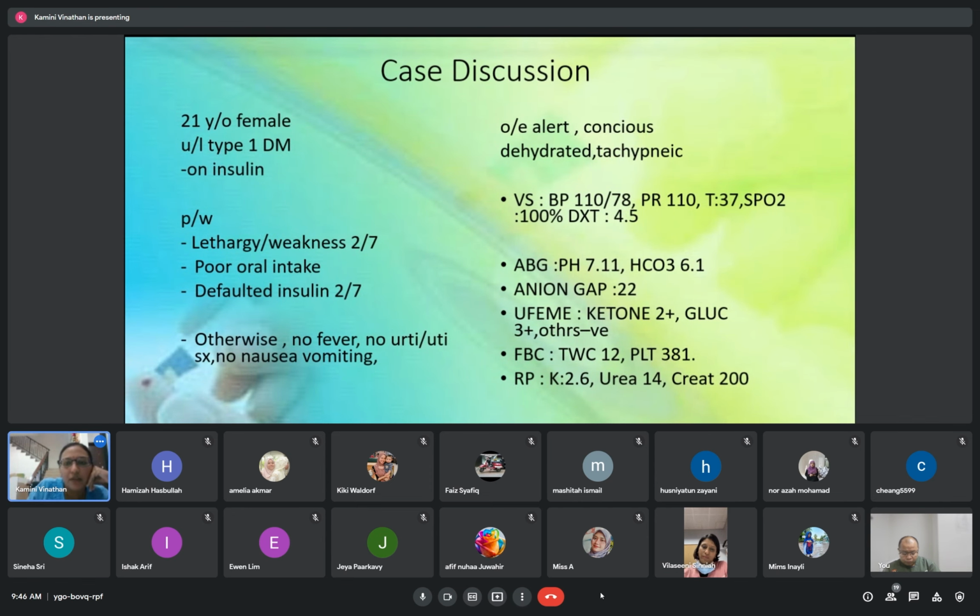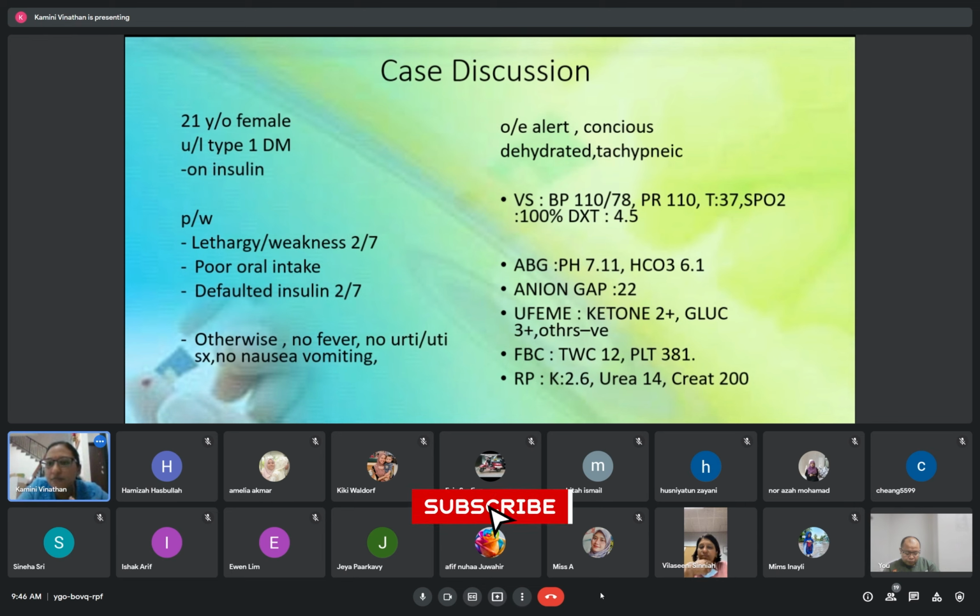Case discussion. A 21-year-old female with underlying type 1 DM on insulin presented with lethargy for 2 days, poor oral intake for 2 days, and defaulted insulin for 2 days. Otherwise, no fever, no URTI symptoms, no UTI symptoms, no nausea or vomiting. On examination, patient alert and conscious, dehydrated, looks tachypneic.